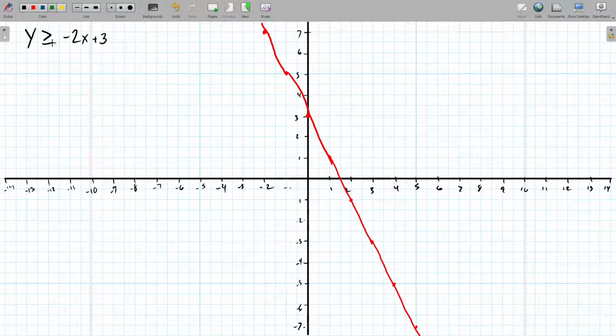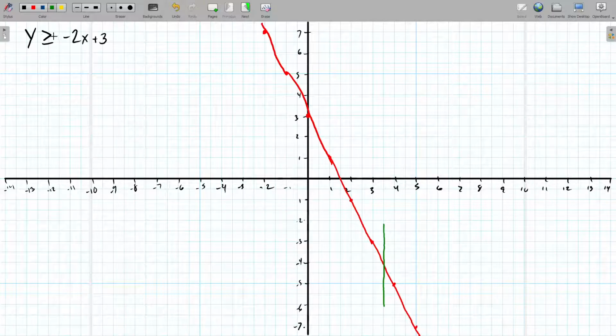What I want to illustrate at this time is how to determine if it's greater than or less than. How do we determine what's above or below the line, because it can get a little iffy if our slope is very steep. A trick is to pick any spot on the line, it doesn't matter, and just draw a vertical line.